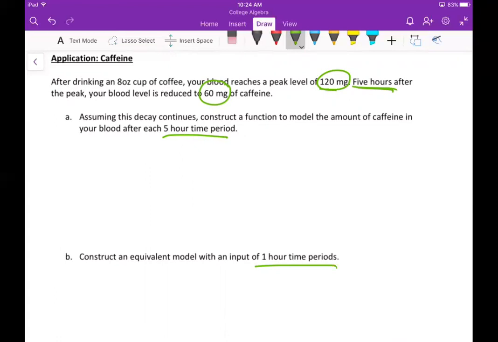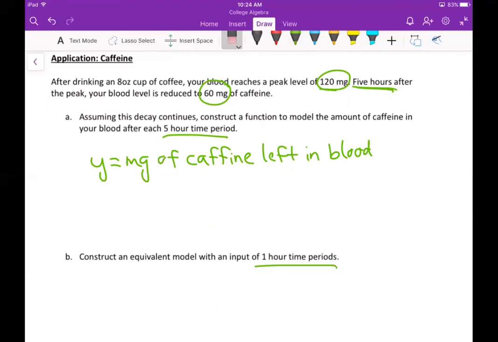To construct that function, y is going to be milligrams of caffeine. And I again want to think about milligrams of caffeine, what? That I started with, that is left, that's decayed away. This is going to be the milligrams of caffeine left in the bloodstream. Always think about what your output variable is in that specific context.